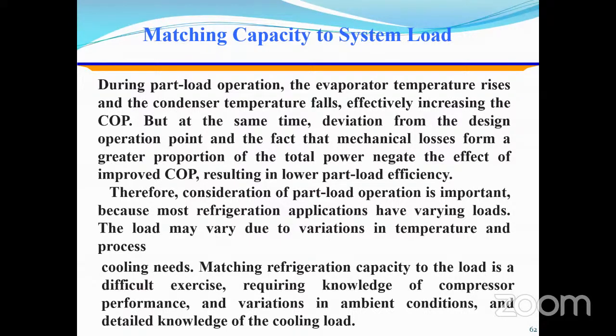Therefore, consideration of part load operation is important because most refrigeration applications have varying loads. The load may vary due to variation in the temperature and process.